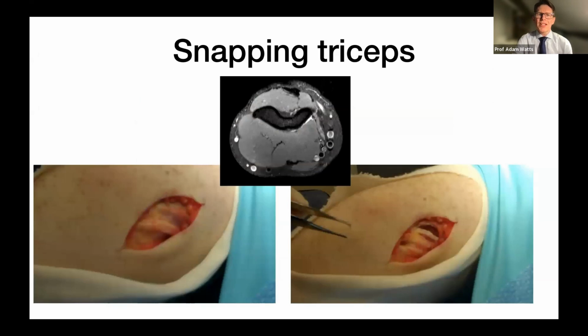When you do an MRI scan, what you'll see is that there is an accessory band within the medial border of triceps. It's actually present in about 75% of the population, but is only symptomatic in a small proportion.